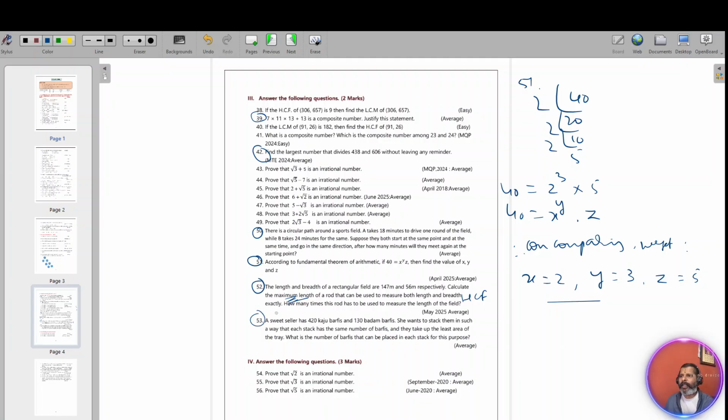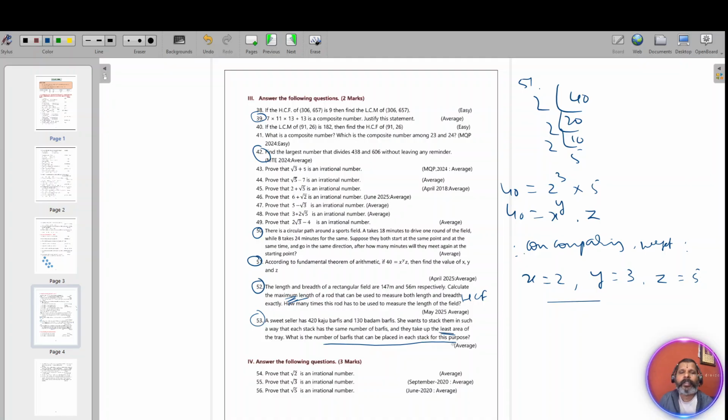Next, a sweet seller sells two kinds of burfis, 420 Kaju burfis and 130 Badami burfis. She wants to stack them in such a way that each stack has the same number of burfis, and find the least area of the tray. So remember here they have confused us by giving the least area. See, what is the number of burfis that can be placed in each stack?